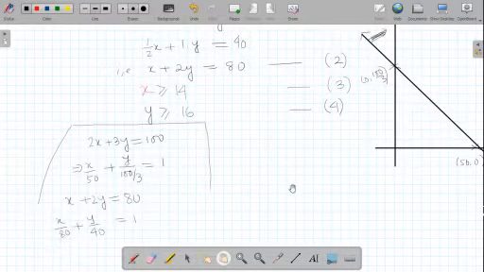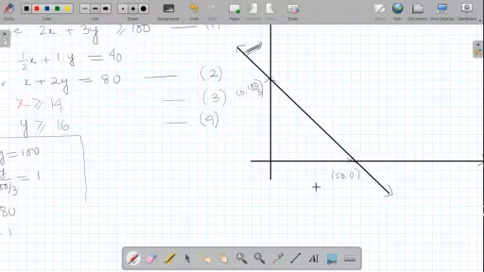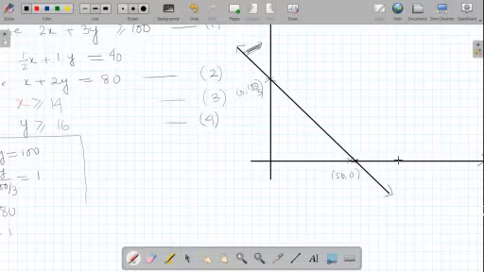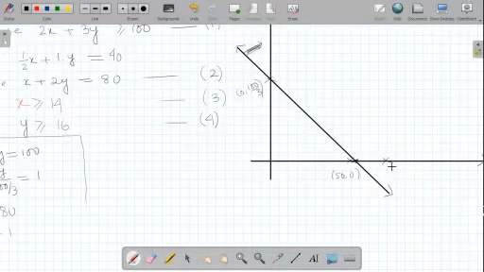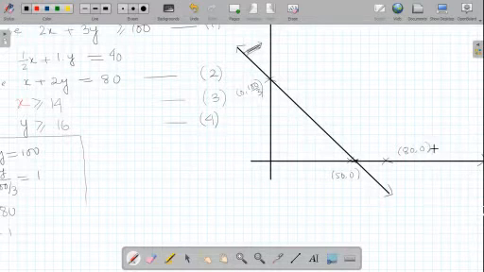X is at 80, y is at 40. So 50 is here, right? So 80 will be somewhere here. So that is 80 comma 0.